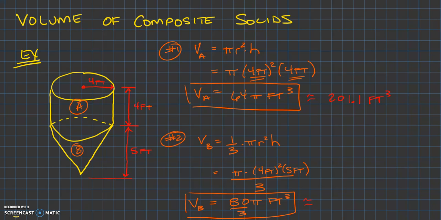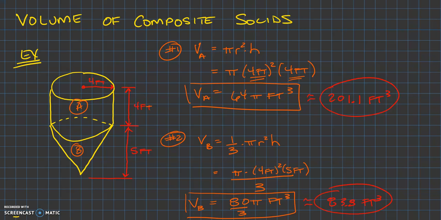I'm going to divide 80 by 3 and then multiply that times pi and get approximately 83.8 cubic feet.